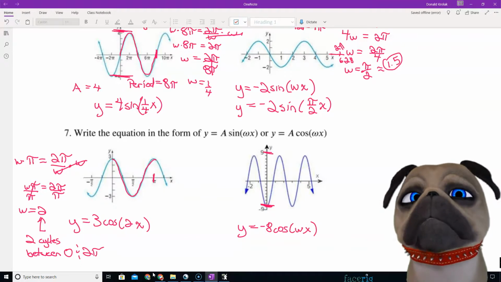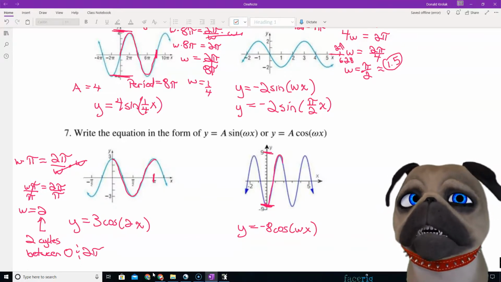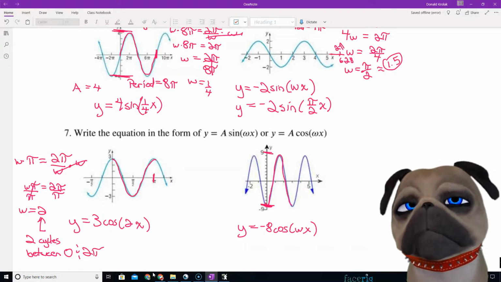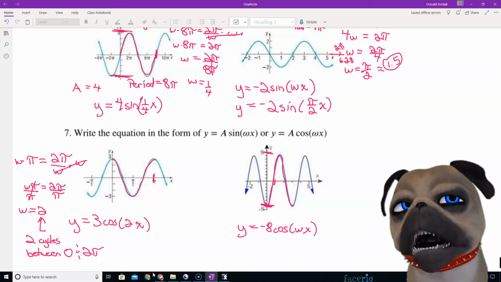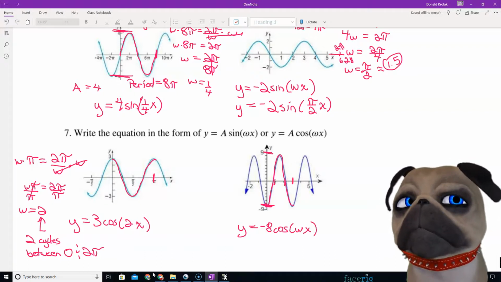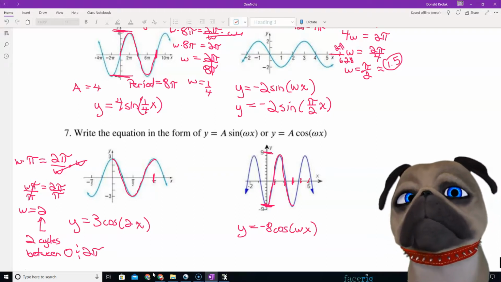Okay, the next one, we've got an upside down, or flipped, cosine, and there's 1 cycle. So let's see, these are 1, 2, looks like that's 3, 4, 5. So here the period is 3.